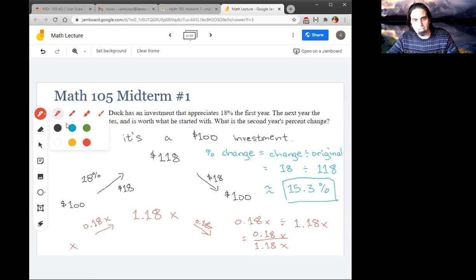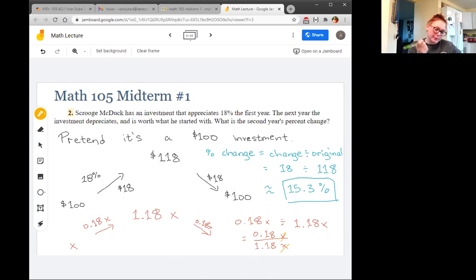Then our x's are going to cancel out. So we will always get 0.18 divided by 1.18, or 18 divided by 118, or something like that. The rest will cancel.